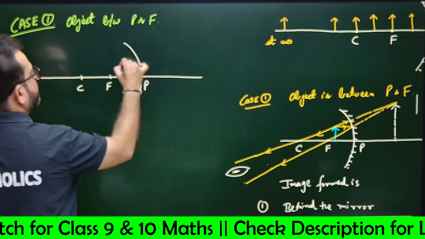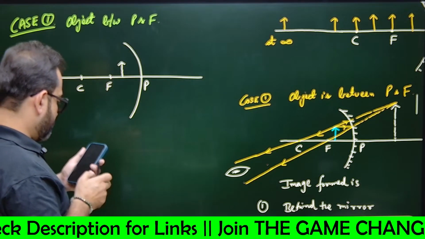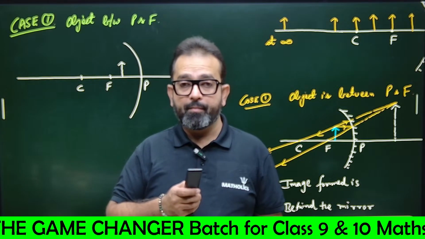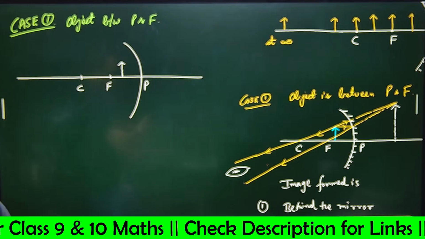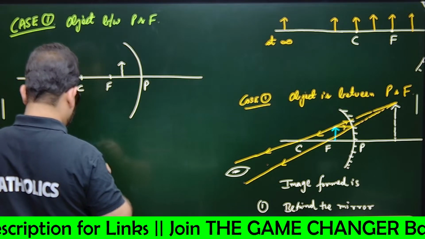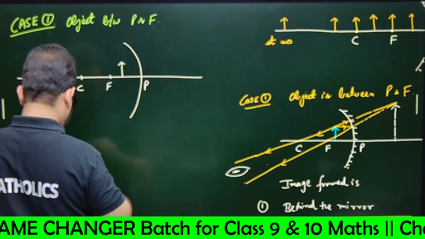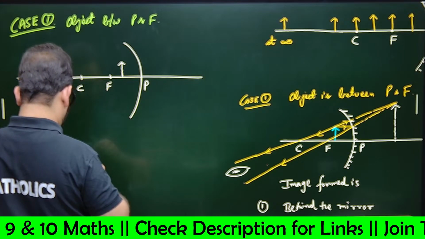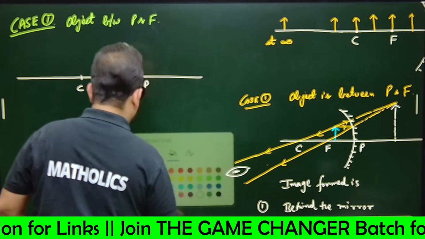This is the object between P and F. Okay, can you see this object clearly? Object is between P and F.